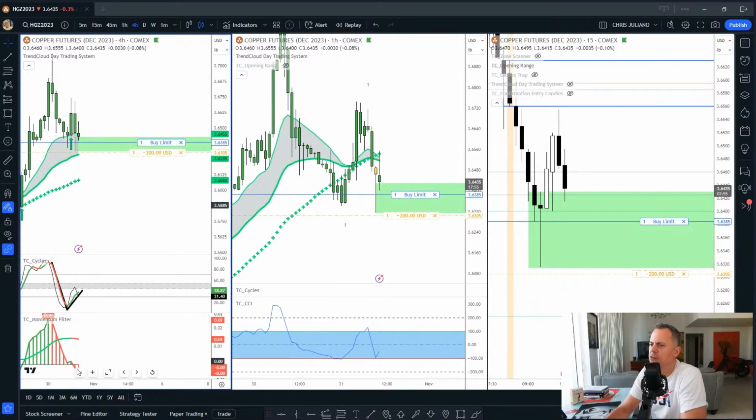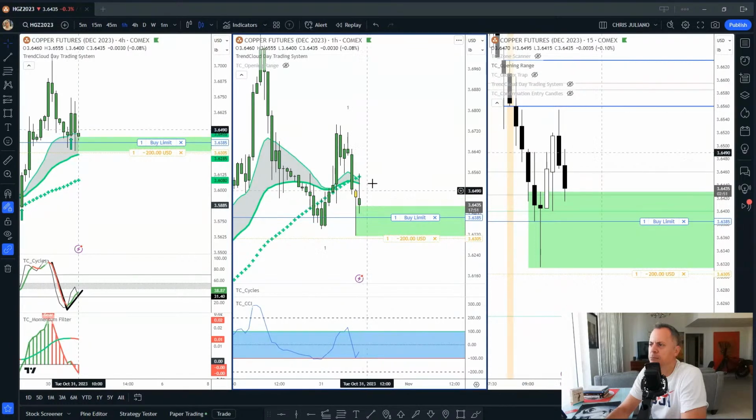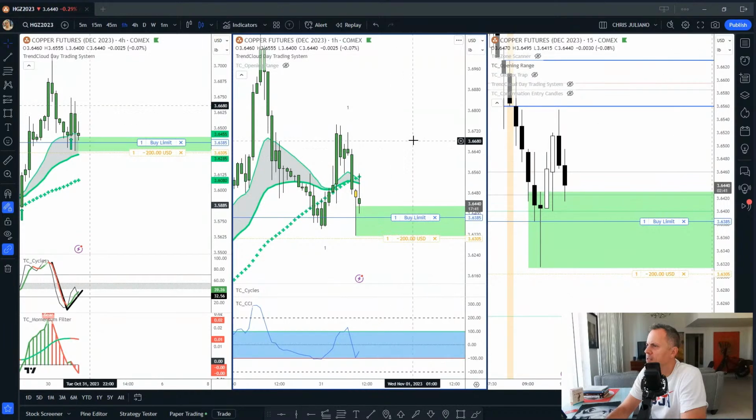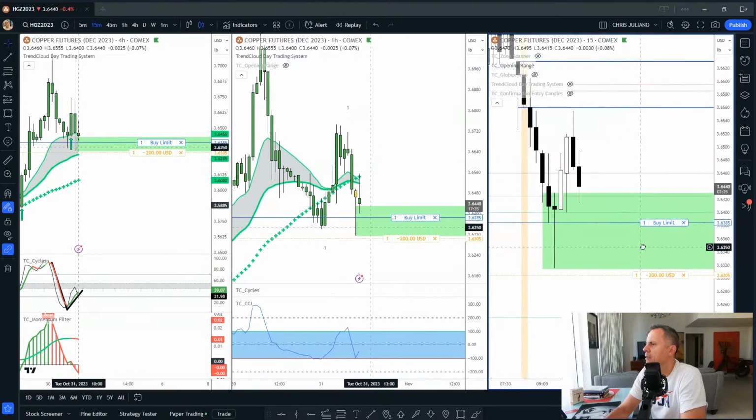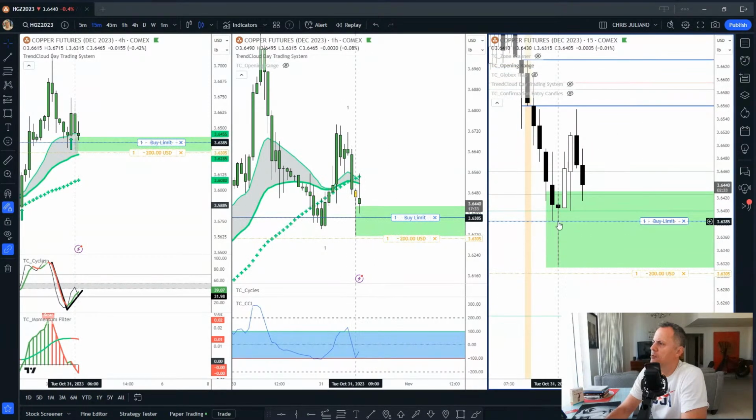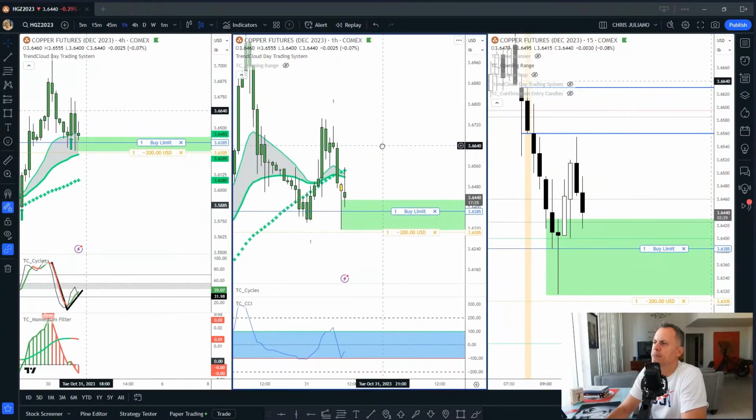Momentum is showing you the pullback here. Deep pullback on the middle time frame, but we didn't break through negative 100. So we're kind of in the middle here, going sideways. Maybe we get that pullback right there for a move up.